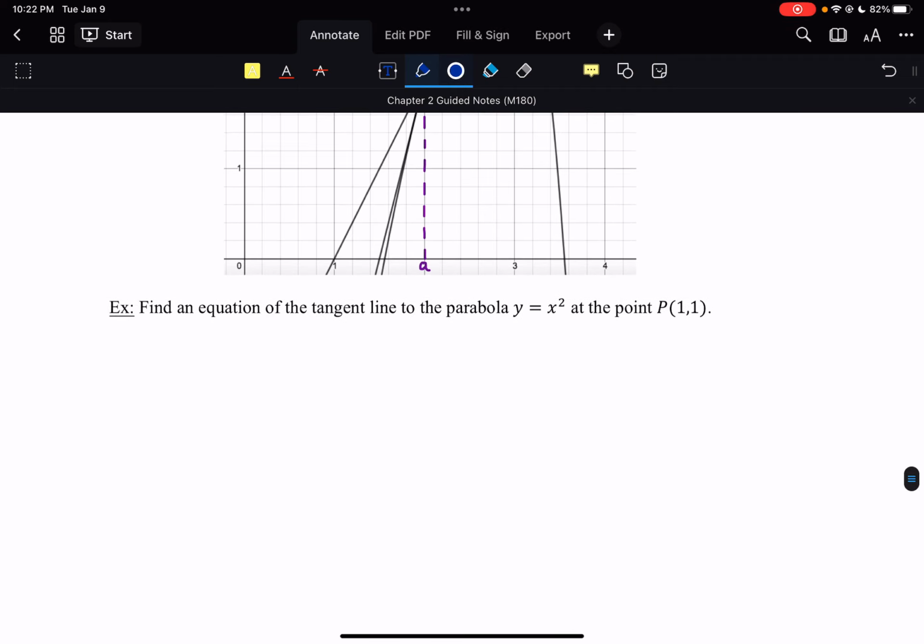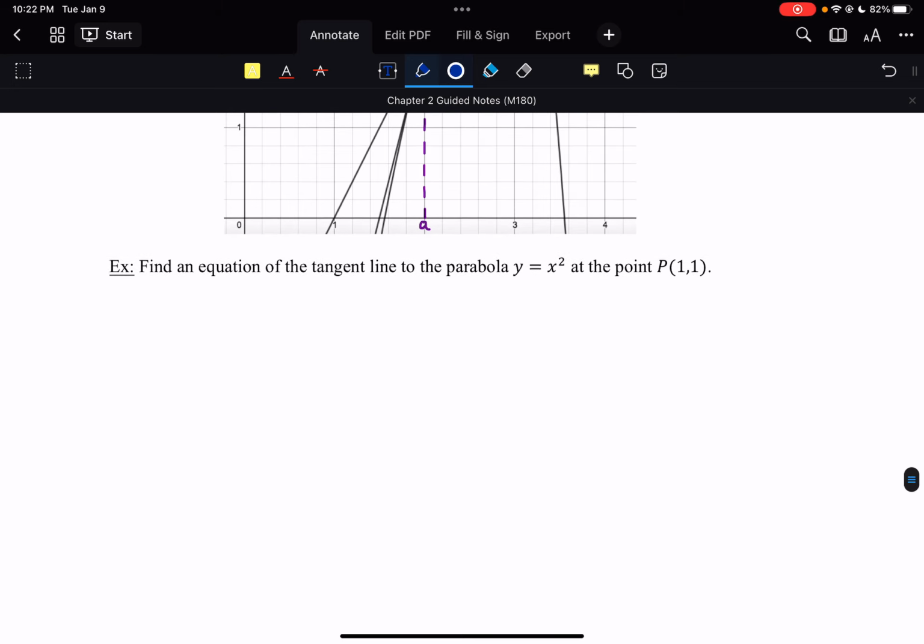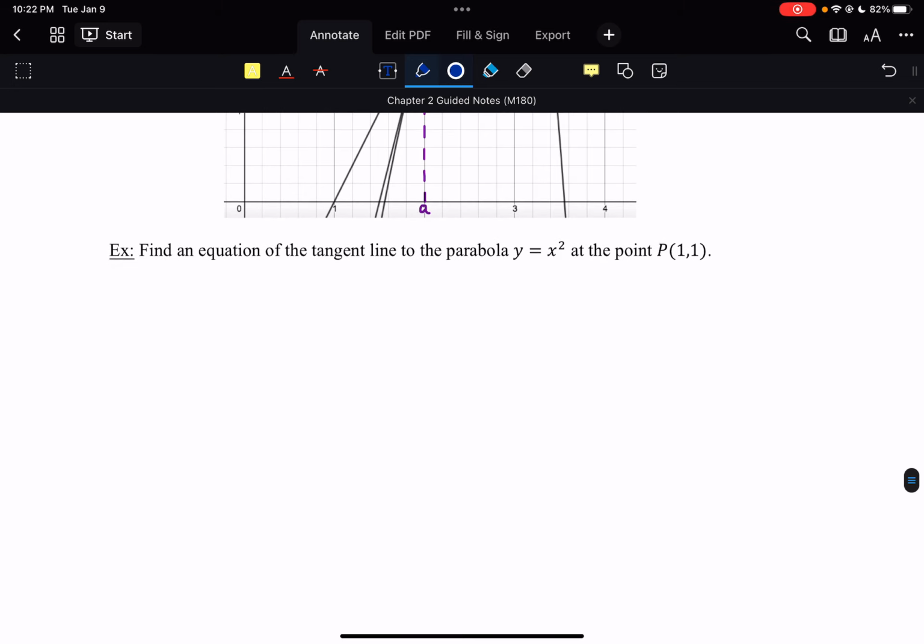Find an equation of the tangent line to the parabola y equals x squared at the point 1, 1. So our slope is going to be the limit as x approaches 1 of f of x minus f of 1 over x minus 1.